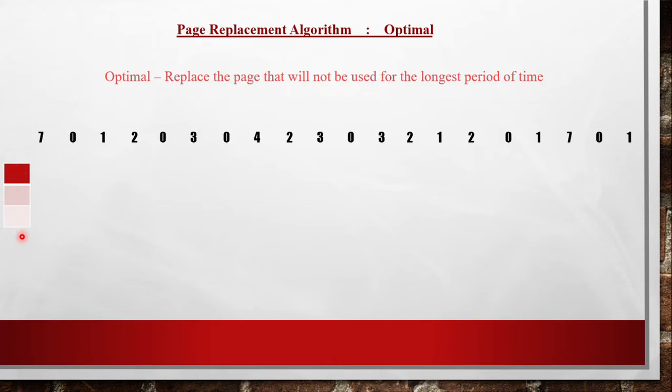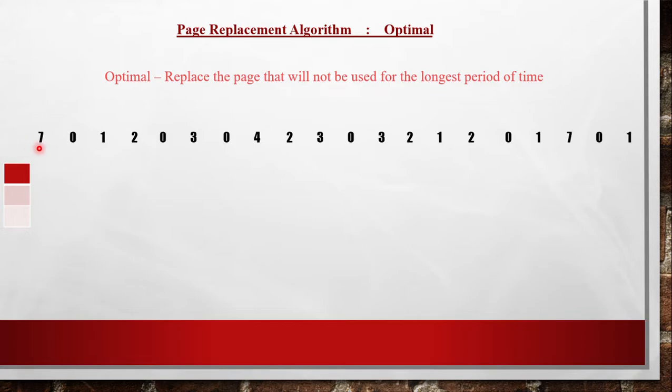Main memory may have more frames to accommodate process P1, or it may have fewer frames available. For simplicity and better understanding, we have taken just 3 memory frames to accommodate the process. So among those references, only 3 pages at a time we can store in the frames of the main memory.